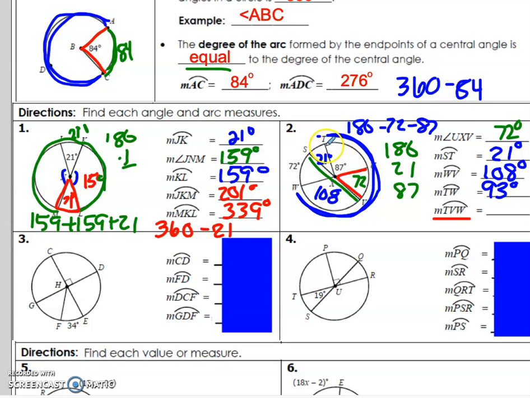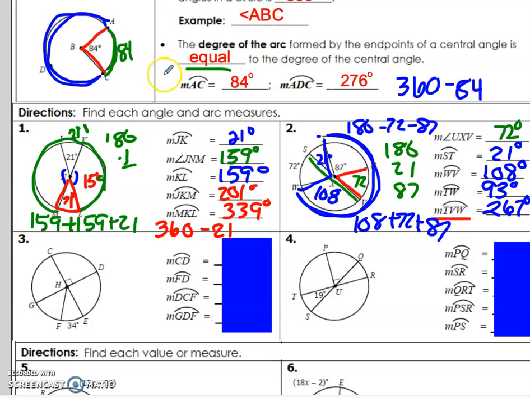So you can add up each individual piece, excluding those two. So you could add 87, 72, and 108 together. Or if you wanted a faster way, you could say 360, take away these two. Totally up to you. I'm going to add 108, 72, and 87 to get a total of 267 degrees. Okay?